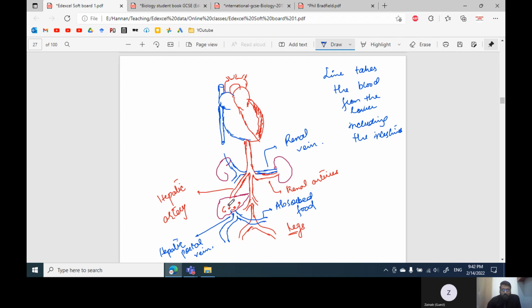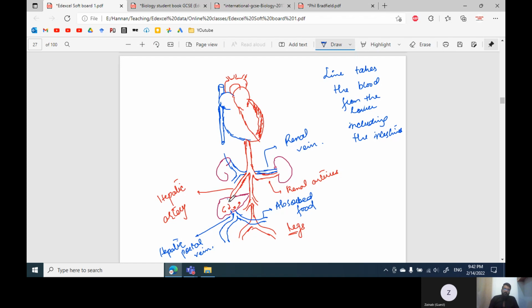The liver would assess them. Is there anything harmful here, or is there anything useful here? How to use the amino acids, how to use the glucose, how to use the fats, all things would be assessed here.